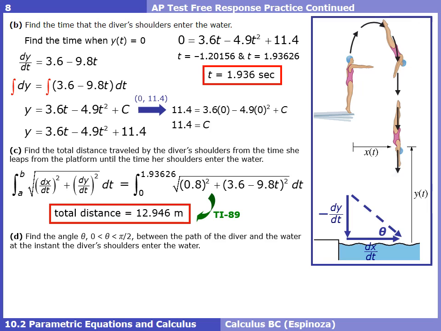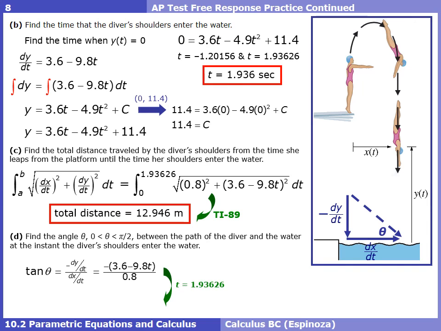Well, from our basic trigonometry days, the thing that ties theta to the dy/dt and the dx/dt is the trig ratio of tangent. We know tan theta is equal to negative dy/dt, which is the opposite leg, over dx/dt, which is the adjacent leg. And of course, we know those two values. Negative dy/dt would be negative 3.6 minus 9.8t, and dx/dt is 0.8.